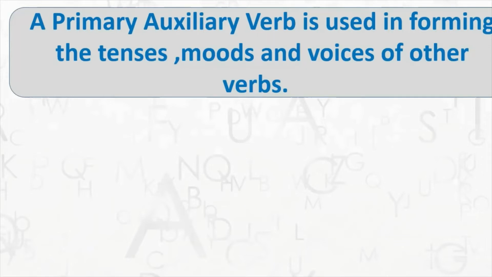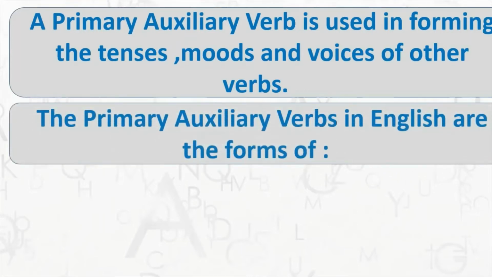Alright, so what does the primary auxiliary verb do? It helps to form or define the tense or the mood or the voices of the other verbs.